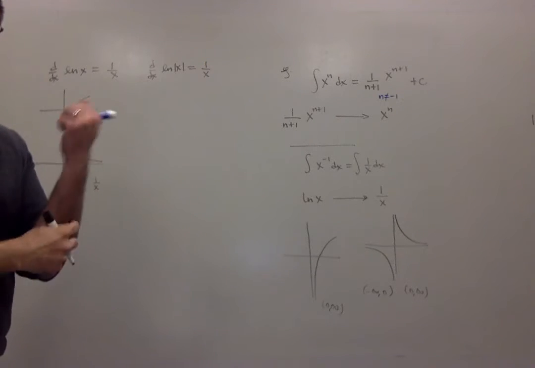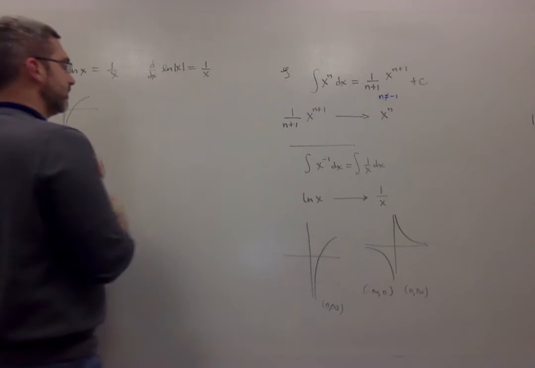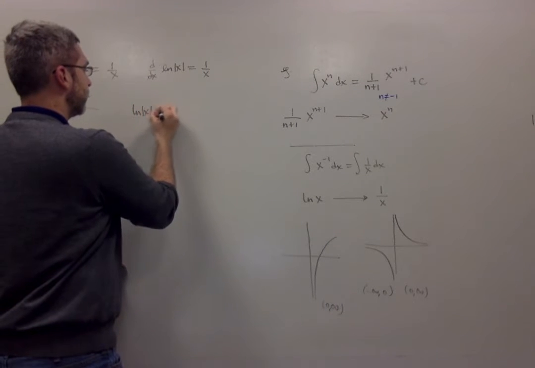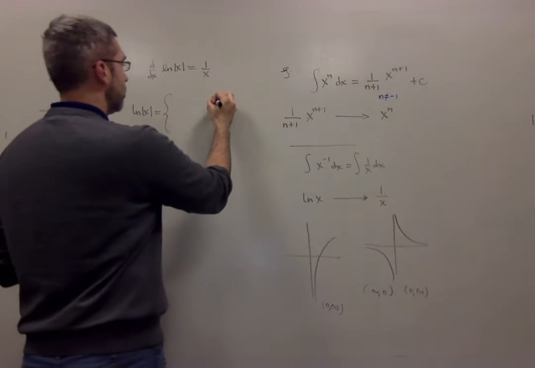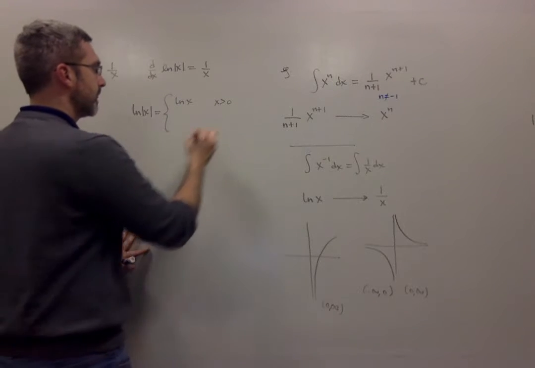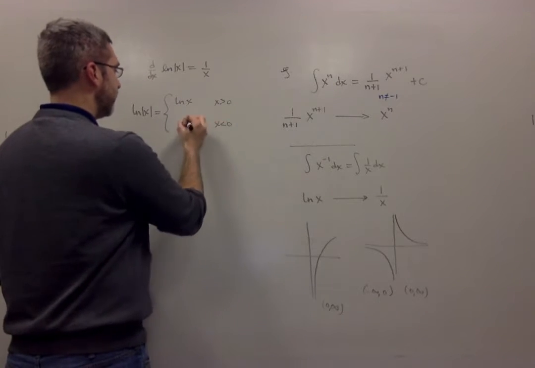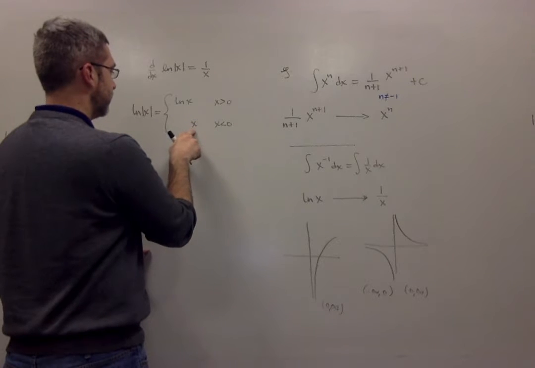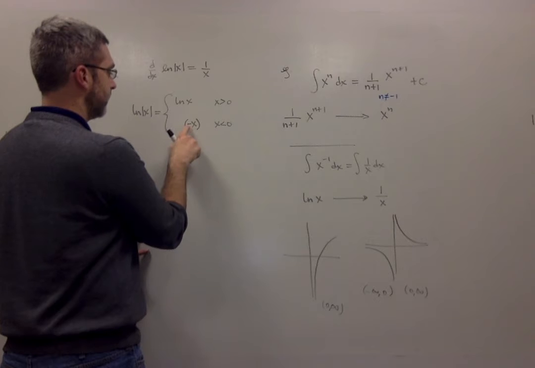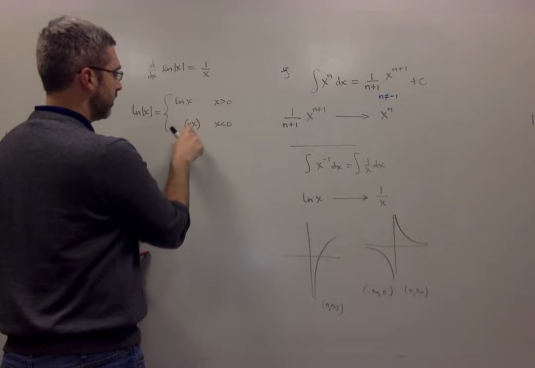Let's look at that again just for a second, because I think this is going to be useful. The natural log of absolute value of x function, when x is positive, is just the natural log function. But when x is negative, what that absolute value is doing is throwing on another negative sign to make this overall thing positive.